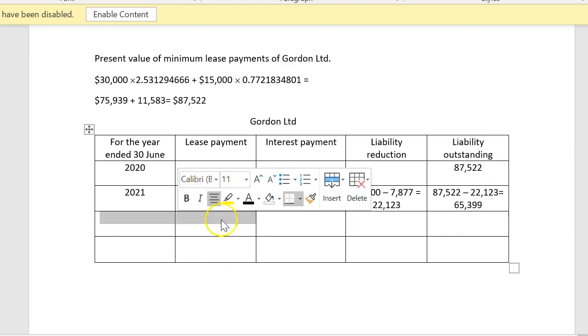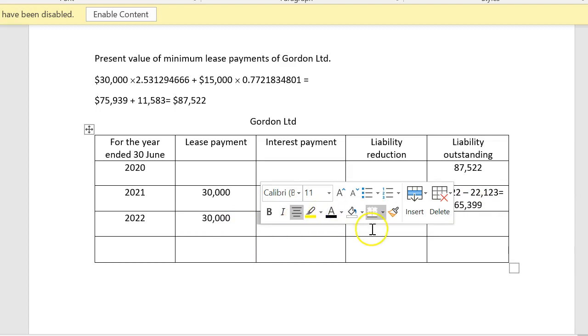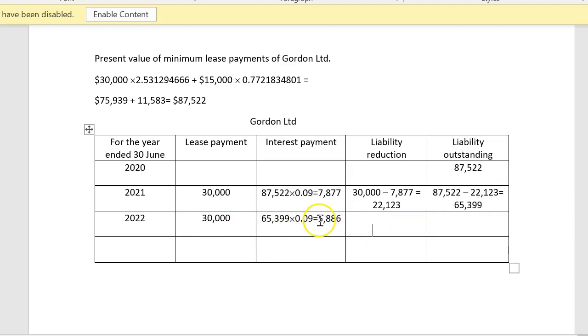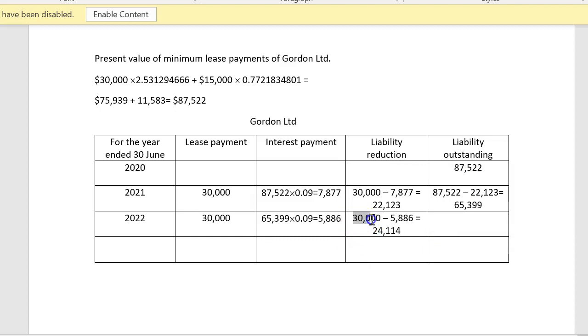Okay, for 30th of June 2022, what do you get? The lease payment is 30,000. Interest payment is 65,399 multiplied by 9%. It gives you 5,886. What is the liability reduction? It's 30,000 minus 5,886.